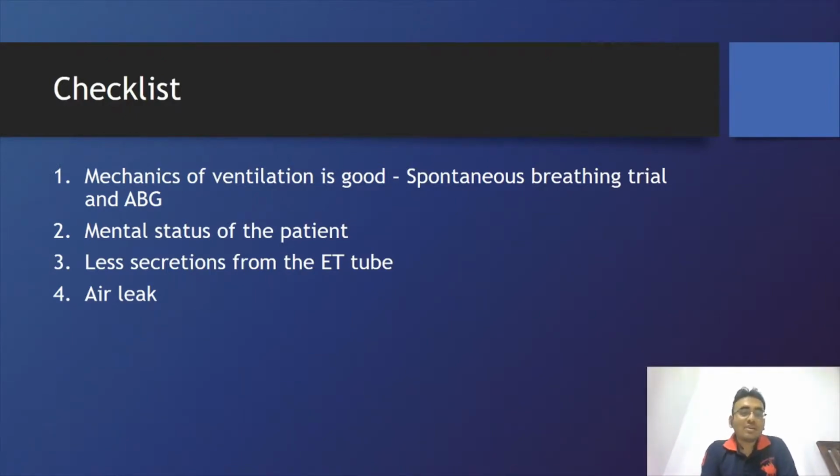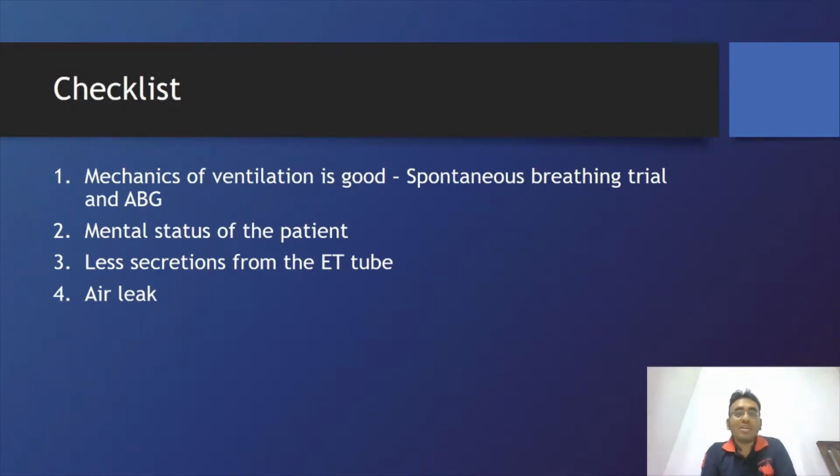The third thing is we also put the ventilator not just for ventilating the patient, but many times to ensure the secretions are not coming in. When we talked about compliance, we said that an increase in peak pressures may be due to copious secretions over the ET tube.